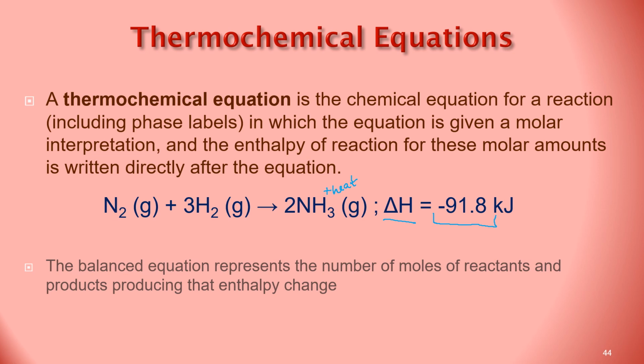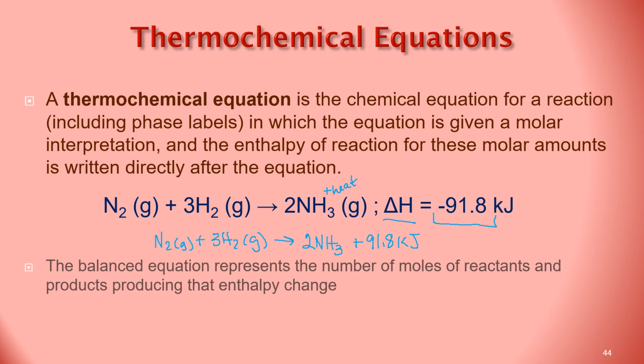So a thermochemical equation is just the chemical equation for the reaction. We're going to include phase labels, and then we are going to have the delta H given to us right after the equation. Every once in a while, you might see it written in the equation, like for example, N2 plus 3H2 gives me 2NH3 plus 91.8 kilojoules.